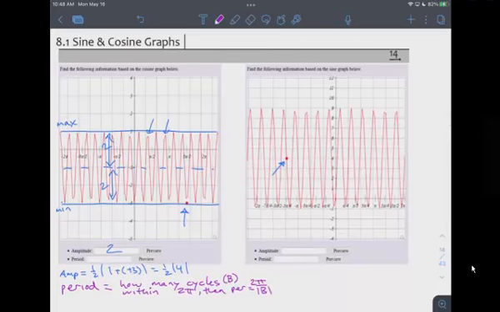The other way that you can calculate or find the period is to see what's the interval that it takes to repeat one cycle. And so depending on what you see, you have to choose one of these 2. Okay, so if you were to look at this graph right here, you see that it has a minimum right here, and you can see one cycle ends right here.